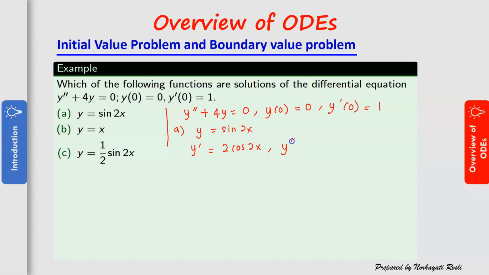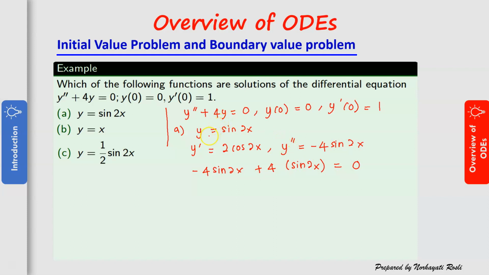When I differentiate it twice, I will get negative 4 sine 2x. When I substitute y double prime and y in this equation, I will have negative 4 sine 2x plus 4 multiplied by sine 2x, which is equal to, we can cancel out this, we get equal to 0. This means that this one is the solution for this equation.